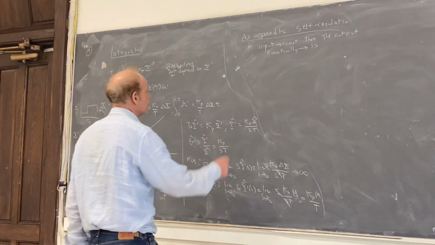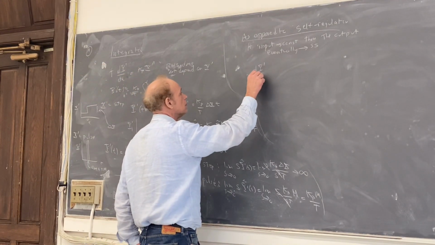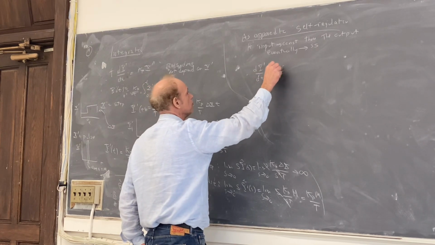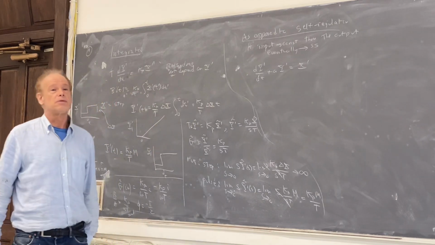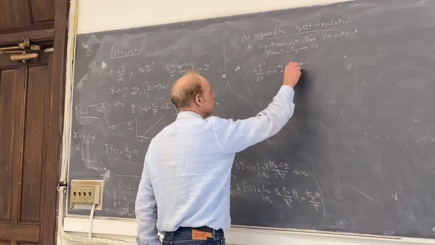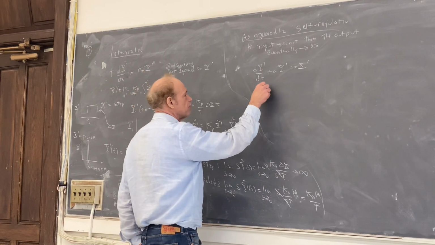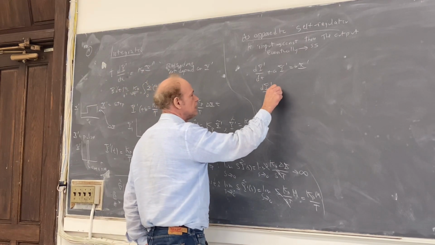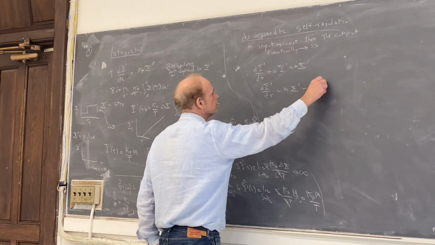So, for example, when I had something like dy prime dt plus a y prime is equal to dx prime. Well, notice, as I just said, if I rearrange this, dy prime dt is dx prime minus a y prime.